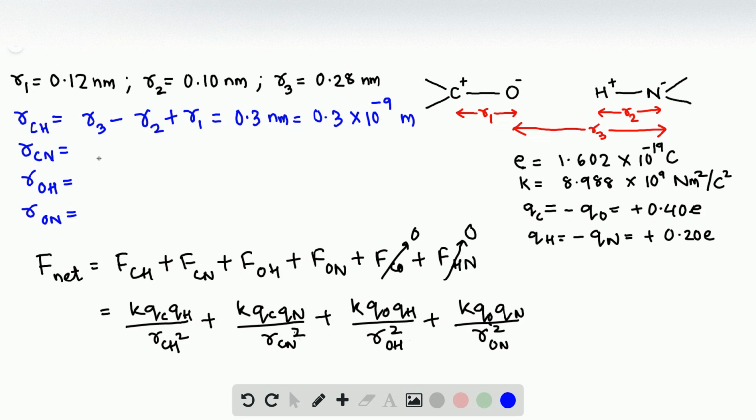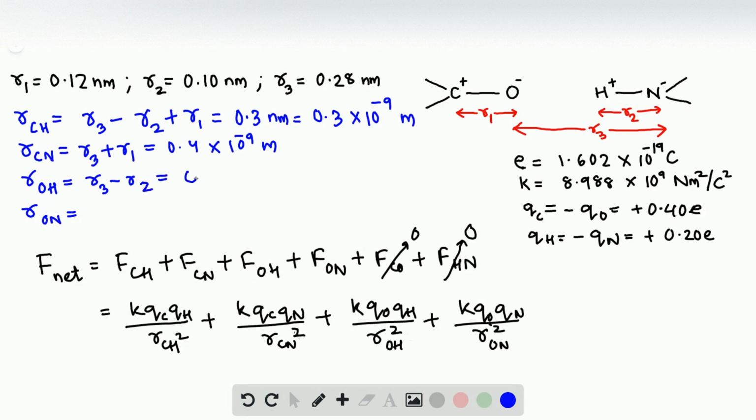Similarly, R_CN will be equal to R3 plus R1, and this gives me 0.4 times 10 to the power minus 9 meter. R_OH will be R3 minus R2.